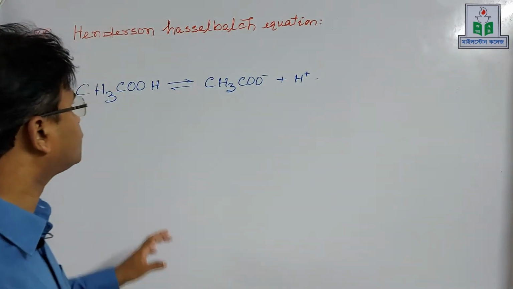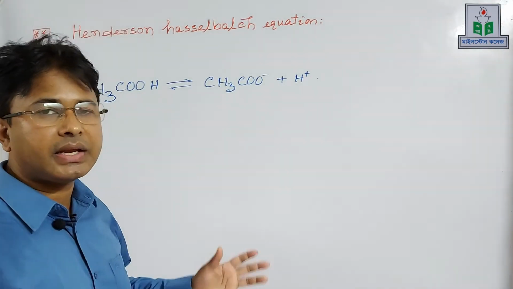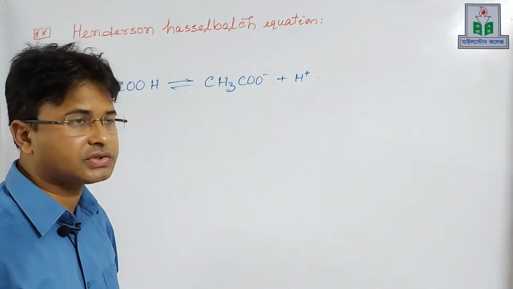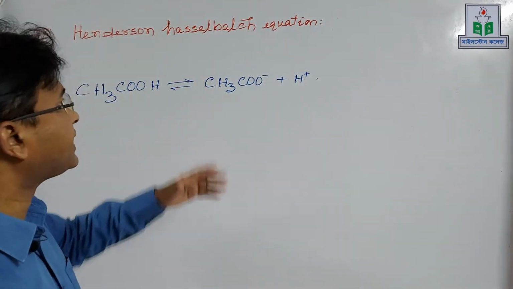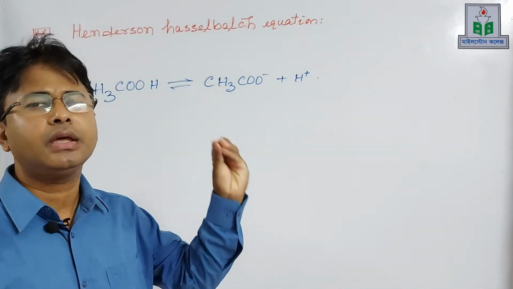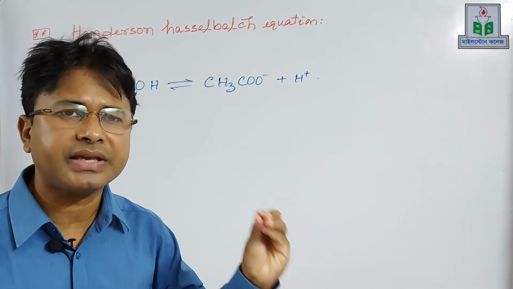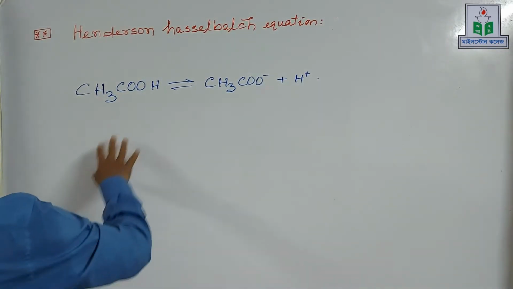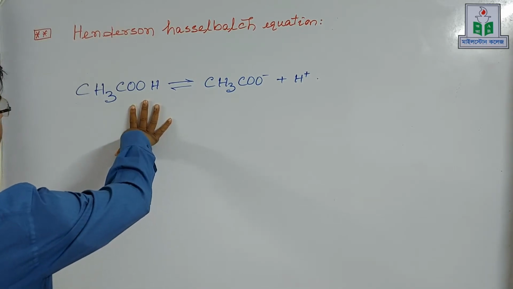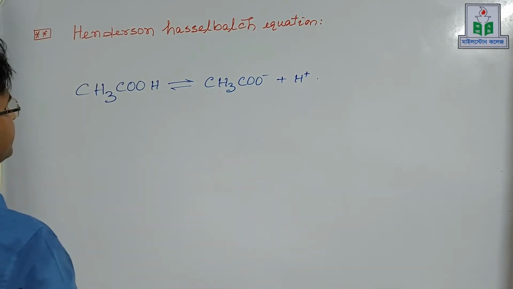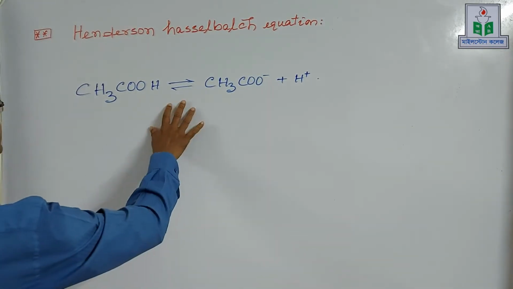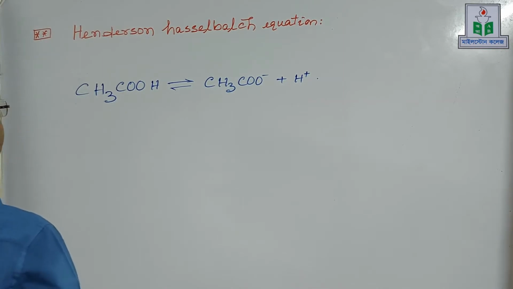Henderson-Hasselbalch equation. Through this equation we can calculate the pH value of a buffer solution, an acidic buffer solution. Henderson-Hasselbalch equation is mainly applicable for acidic buffer solution. Let a weak acid of acidic buffer solution dissociate as below and exist at the equilibrium state.